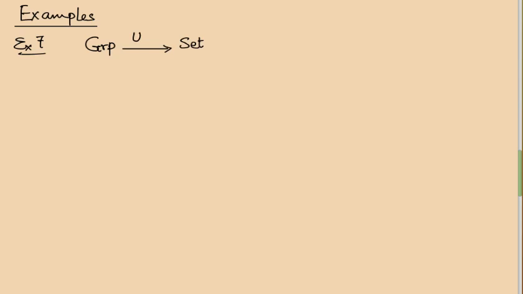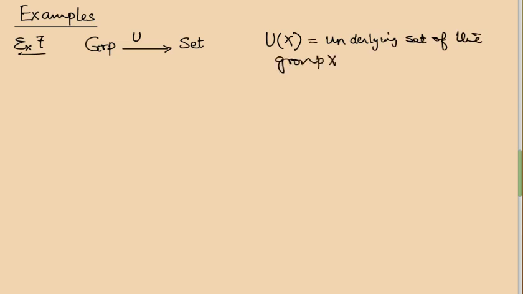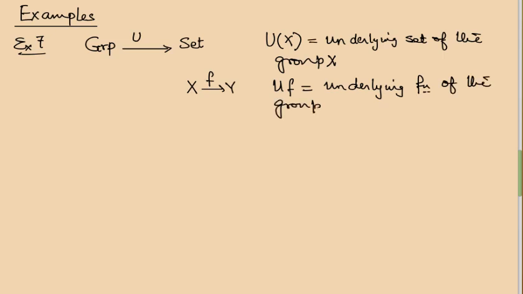there is the underlying set functor, which takes a group X to the underlying set of X, and for a group homomorphism f, U of f is the underlying function of the group homomorphism f.